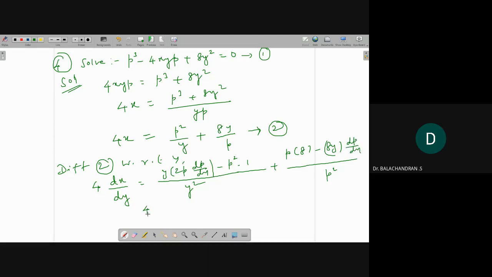This is 4 by p, 4 by p equal to 2p y. So if you have y square, so 2p by y into dp by dy minus p square by y square plus 8p divided by p square is 8 divided by p minus 8y divided by p square into dp by dy.